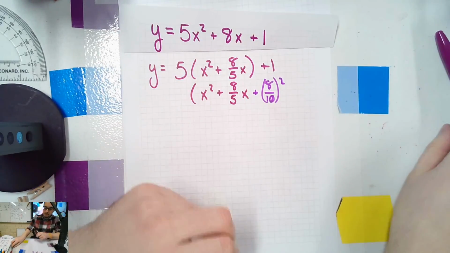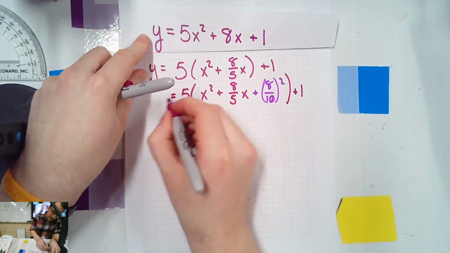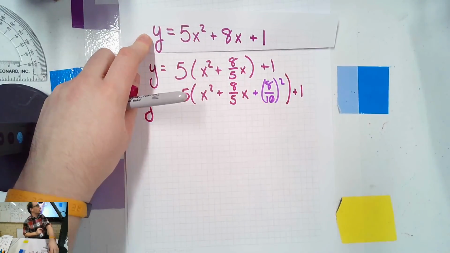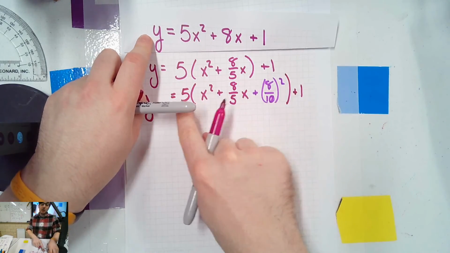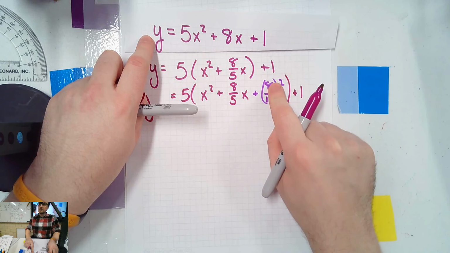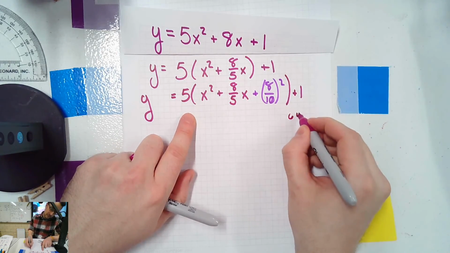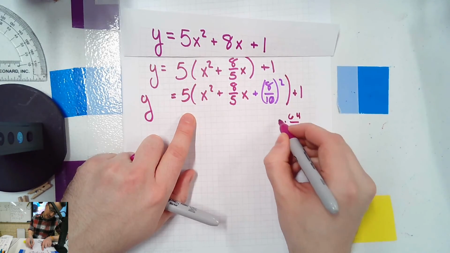Now when I do that, I didn't just add on 8 over 10 squared. I added on 8 over 10 squared times 5. Right? You see what I'm saying? 8 over 10 squared is 64 over 100, right? Times 5.